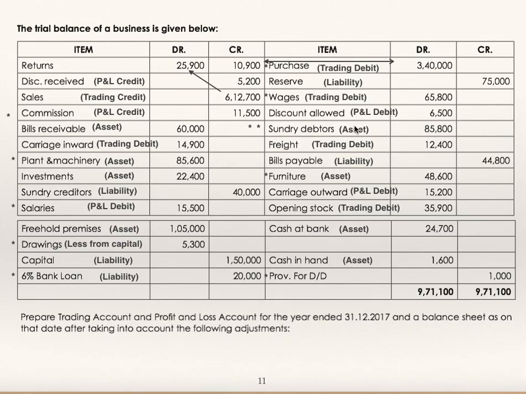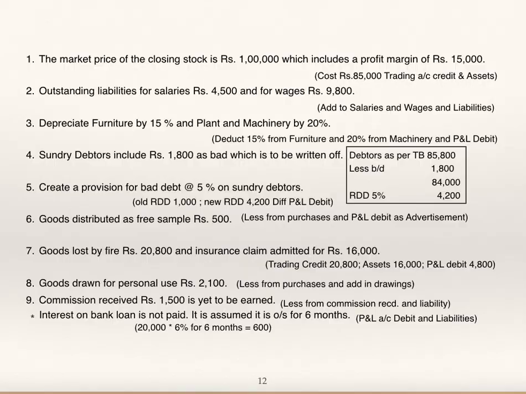Sundry debtors on the asset side 85,800, it has got two adjustments, so write it in the inner column. Asset side, sundry debtors 85,800 minus bad debts 1,800, 84,000. Create a provision for bad debts 5% on sundry debtors. So 5% of 84,000, 4,200, 84,000 minus 4,200 will be the net figure on the asset side of the balance sheet. 1,800 is to be debited to profit and loss account as bad debts.